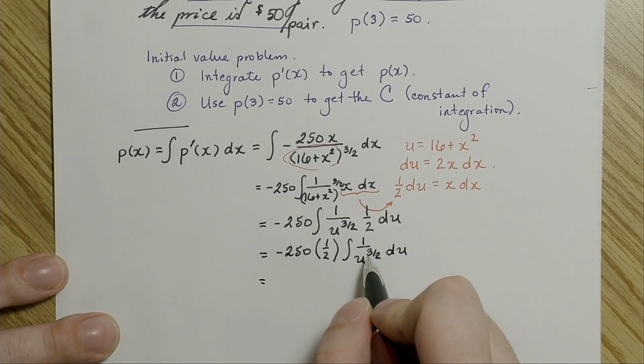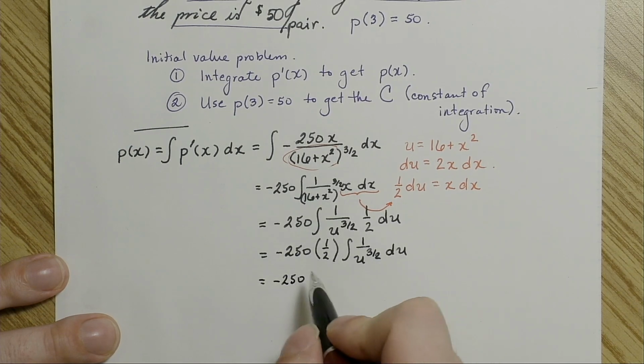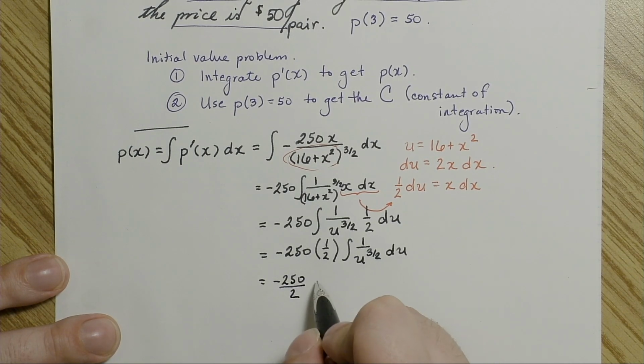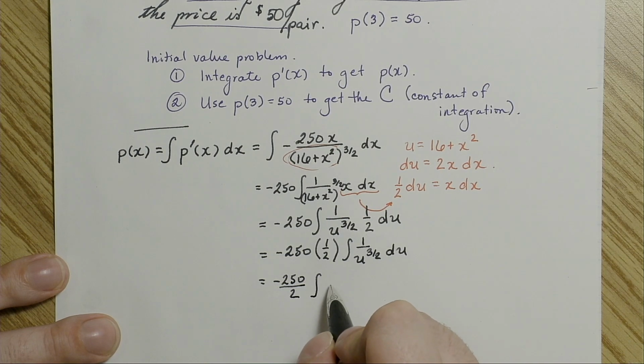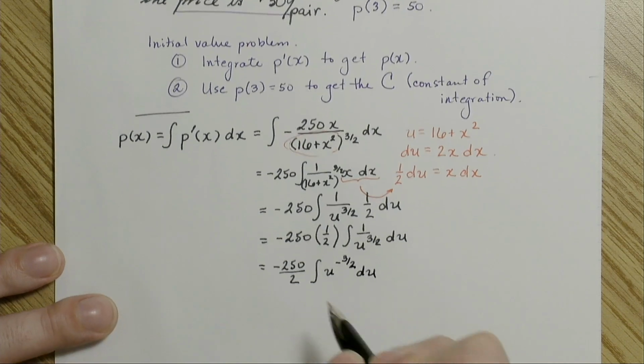Okay, and again, that's easy to integrate now. So I have the minus 250 over 2, and I'll rewrite this. So I got u to the minus 3/2 du.